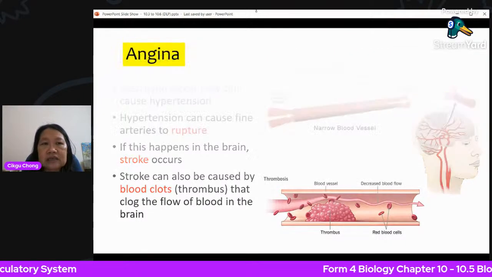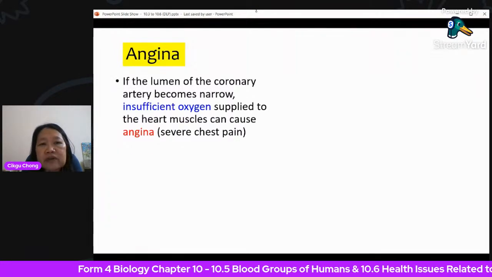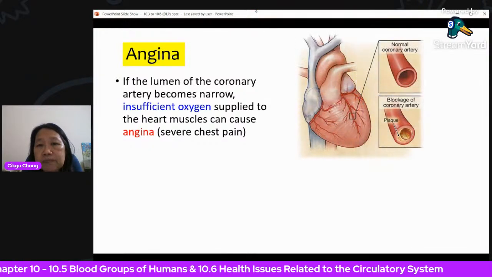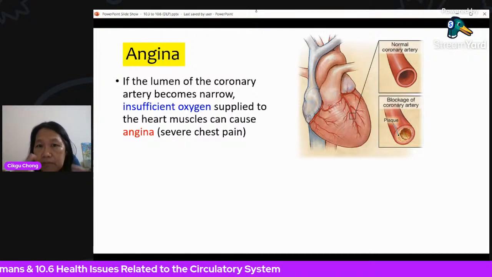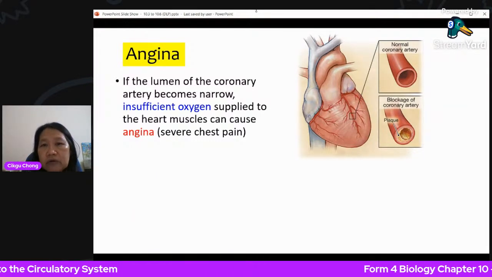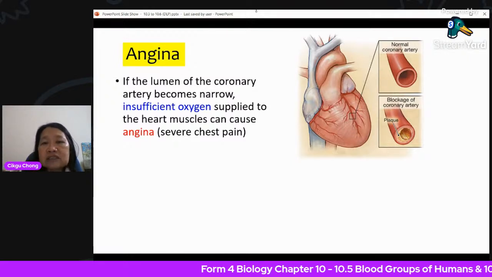All right, next, angina. Angina is the heart pain actually. If the lumen of the coronary artery, this is the artery that supplies blood to the cardiac muscles that makes the heart pump, to the ventricle and so on, becomes narrow, there will be insufficient oxygen supplied to the heart muscles, and that causes angina.